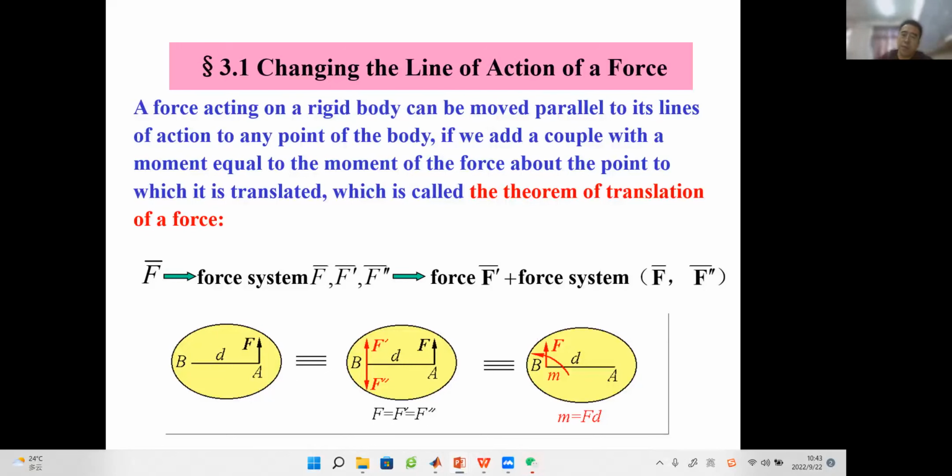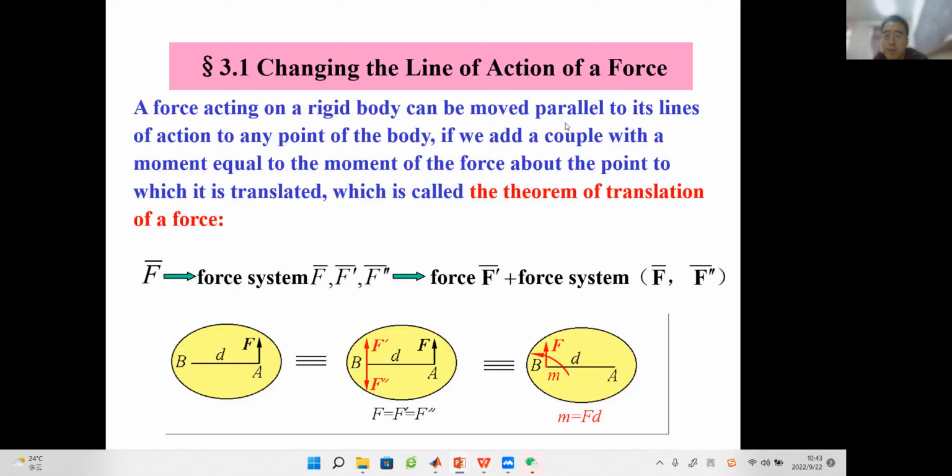Because we will try to do some reduction of a force system. Before we do that, we should learn this theorem. A force acting on a rigid body, like F with magnitude and direction, known at point A, can be moved parallel. What is parallel?